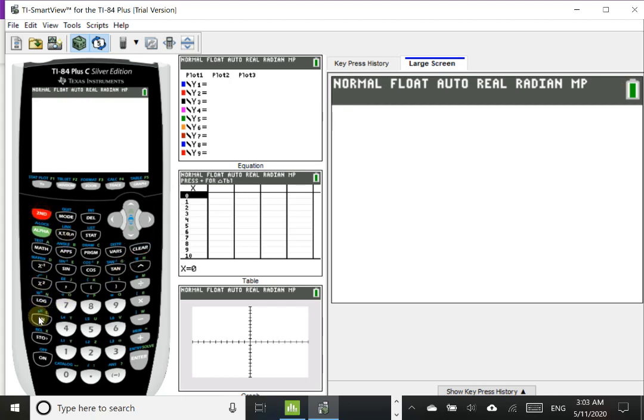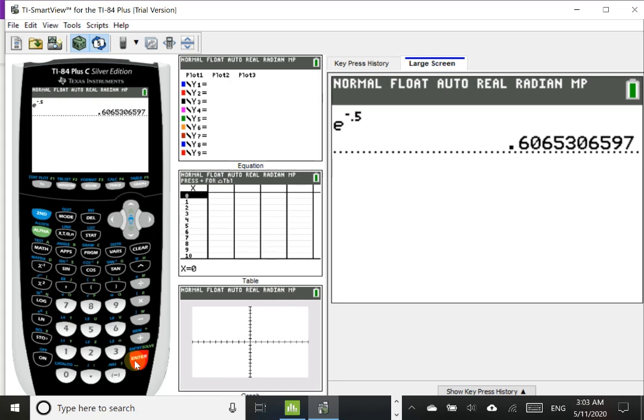This is too tiny to see. There's E to negative 0.5. Enter. And there you go, 0.6065. What you're looking at is a TI-84 emulator that I have downloaded on my Surface Pro. So that's what that is.